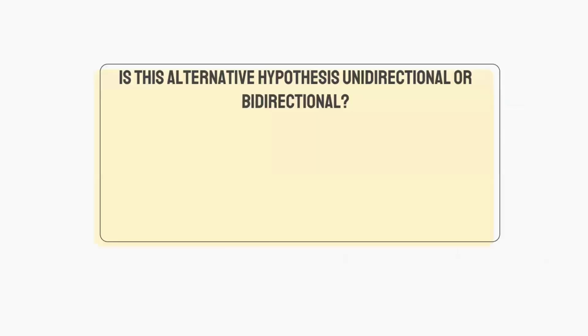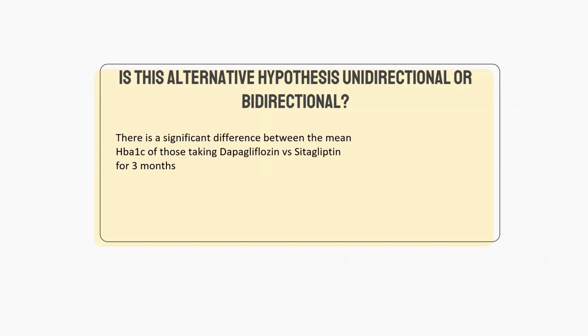So given this example, is this alternative hypothesis unidirectional or bidirectional? Okay, there is a significant difference between the mean HbA1c of those taking dapagliflozin versus sitagliptin for 3 months. Is that unidirectional or bidirectional?